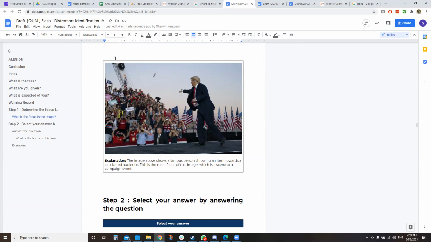Same for this. So the crane, obviously you'd want to remove. The item, you still want to keep it there. The people and all, you want to keep them there. Maybe the spotlight you can remove, but it's not a deal breaker.